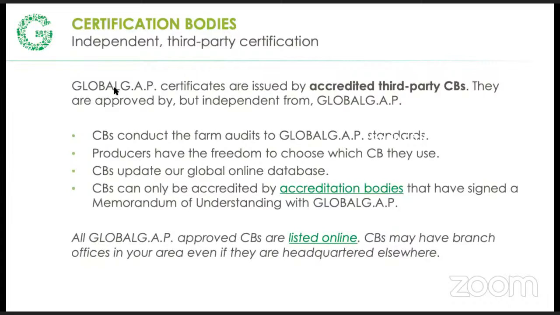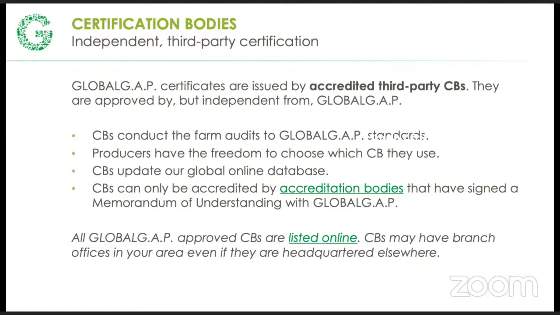So I talked about certification bodies. These are companies that are not part of Global Gap as a company, but they are connected. So I can open a business and register with Global Gap and with an accreditation body, which they have on their website.